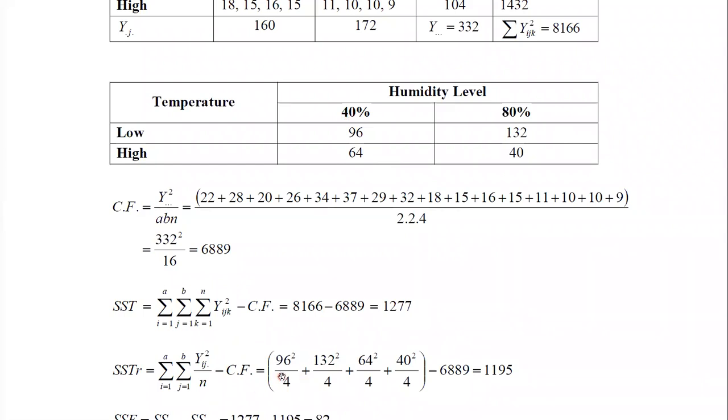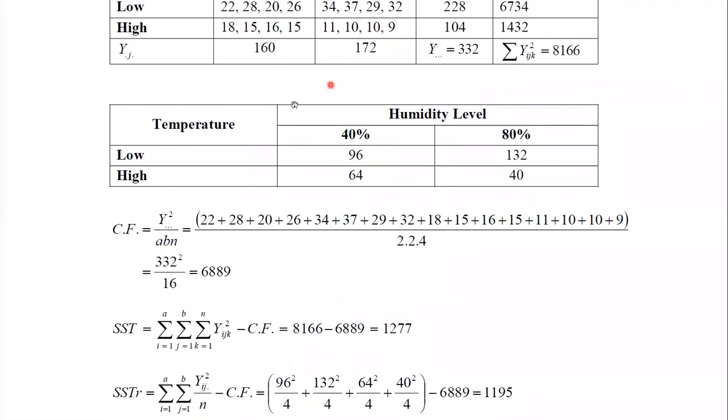Therefore, those values will be applied here. Then we can get it as 96 squared. It is for the first one, and we had 4 observations, therefore divided by 4. Then the next value was 132, square it and divide by 4. Likewise, we have to add the square terms of these 4 values and divide each term by 4, because for each of these we have used 4 observations.